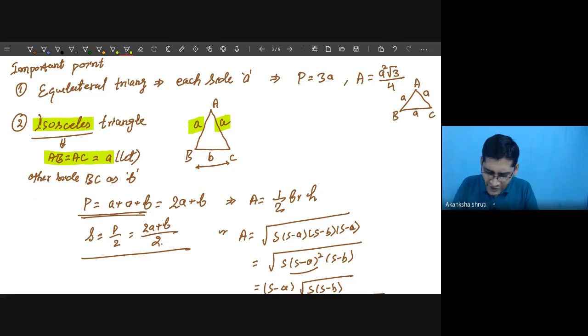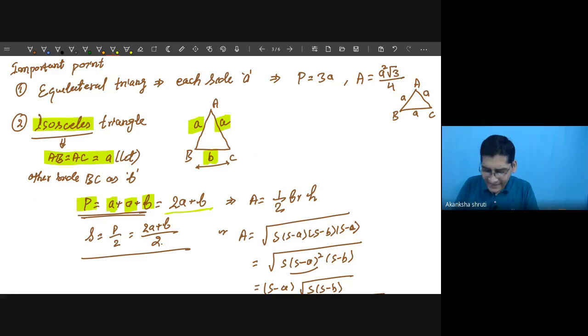If we want to calculate the perimeter, rather than taking three different sides, we shall take two sides equal as A and the third side as B. So the formula gets converted into the simpler term 2A plus B for the perimeter.